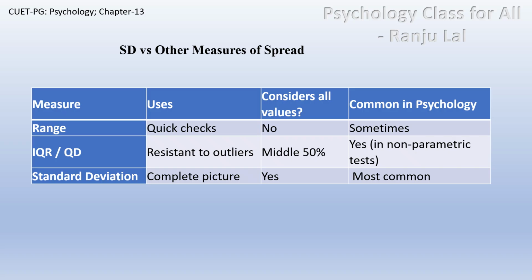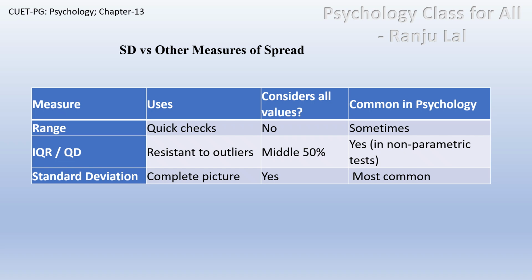Range is common in psychology just to give a rough estimation about the data, whereas IQR or QD is resistant to outliers. It gives the middle 50%, and yes, in non-parametric tests this is common in psychology.